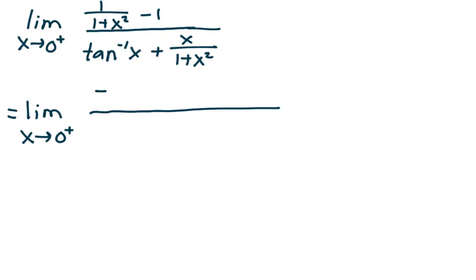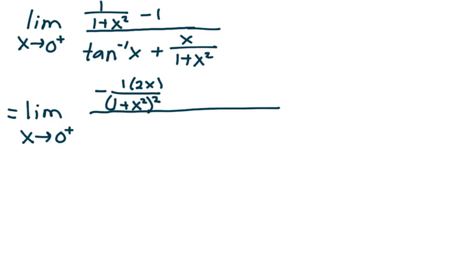So that's negative 1 over 1 plus x squared times 2x. So that's chain rule.